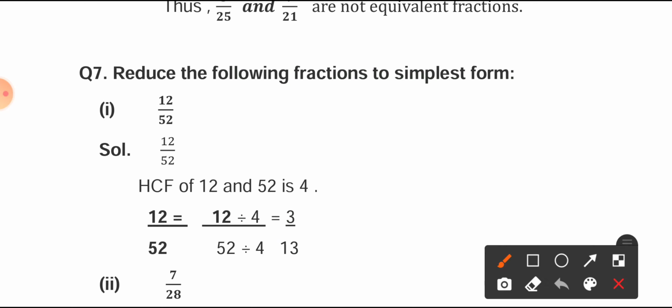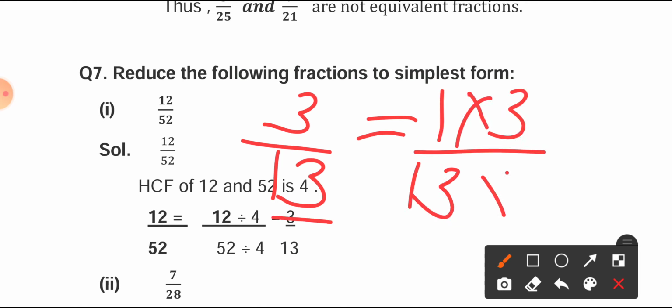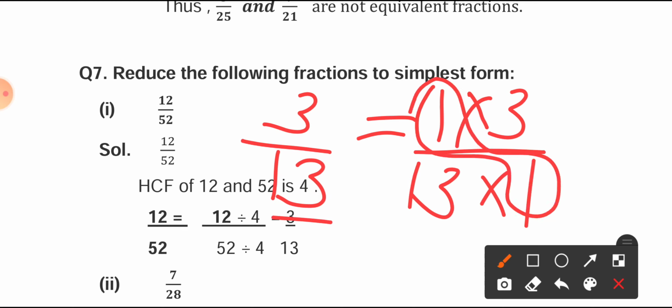Or you can say that if you find the factors of 3, they are 1 into 3, and for 13, the prime factor is 13 into 1. So here you can see that the highest common factor is only 1. It means this is the simplest form. You can understand simplest form as the stage where we cannot reduce into smaller numbers.